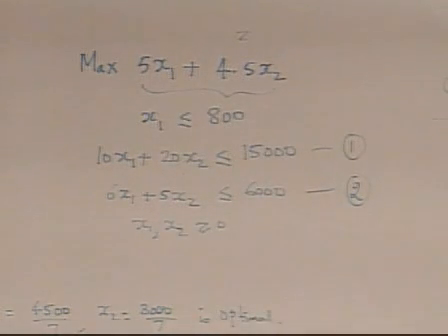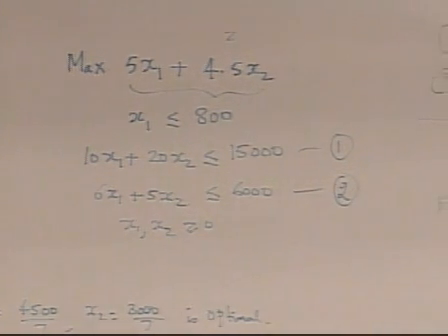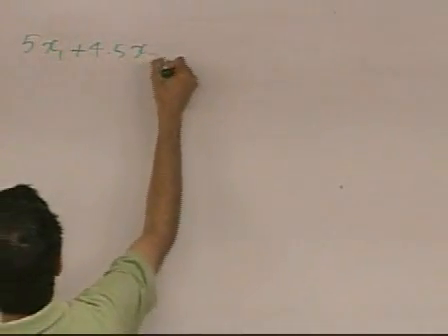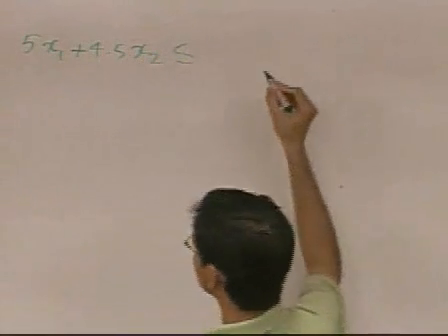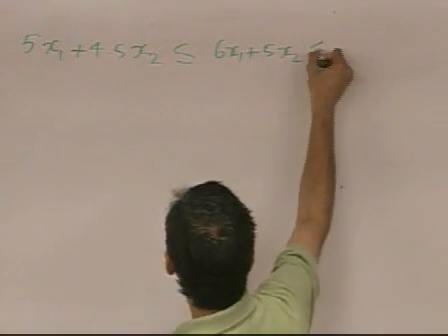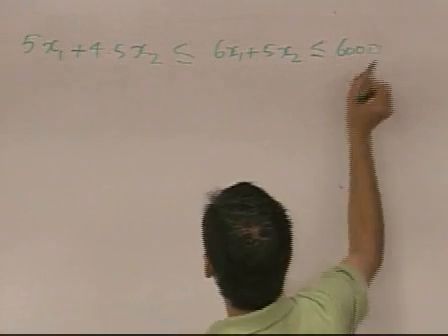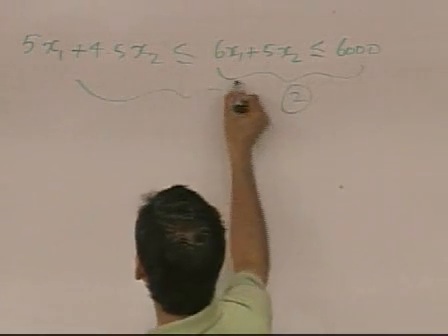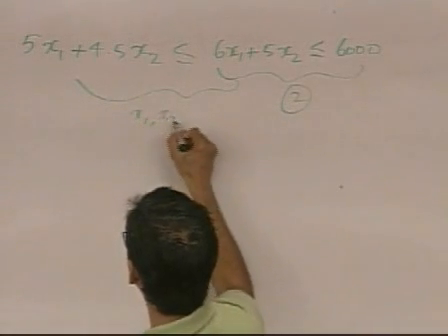So in other words, 5x1 plus 4.5x2 is at most 6x1 plus 5x2, which is at most 6,000. So this comes from constraint 2, and this inequality is true because x1 and x2 are non-negative.